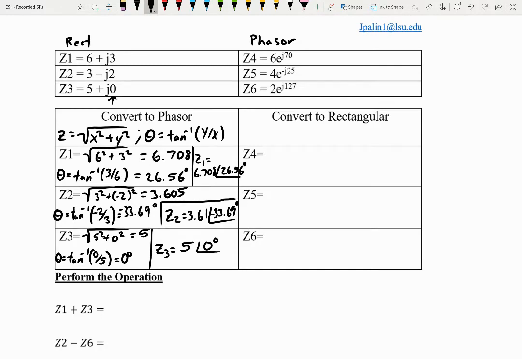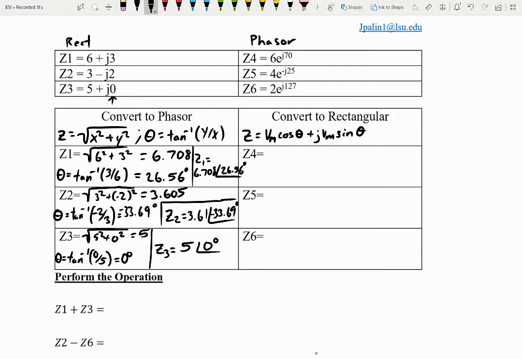Now let's look at phasor. Now they want us to convert to rectangular. So to convert to rectangular, z is going to be equal to, I'll call that Vm, cosine theta plus j Vm sine of theta.